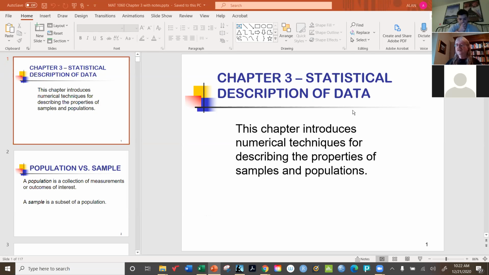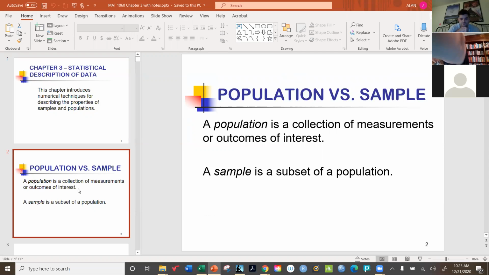So why don't we start by introducing one of the more important concepts here, this idea of populations and samples. All right, now, everybody's heard the word population before. And normally in everyday usage, it's taken to mean a group of people. And that still could be the case here, but in statistics, we're more interested not so much in the people themselves, but their characteristics.